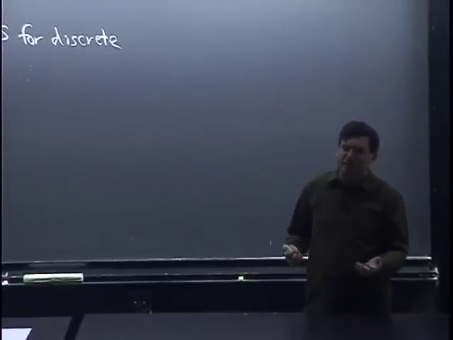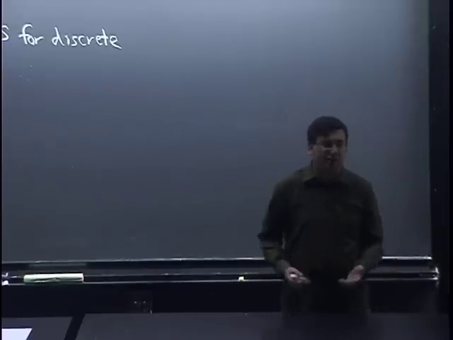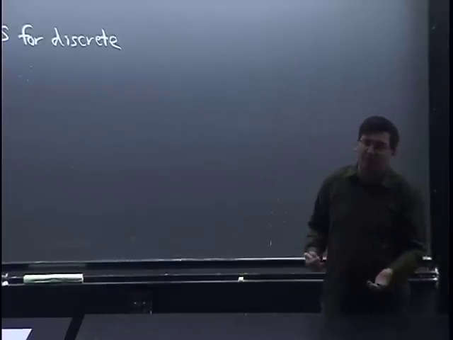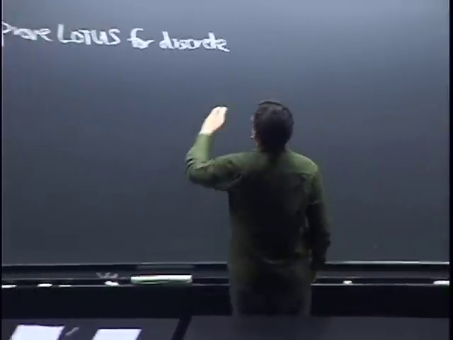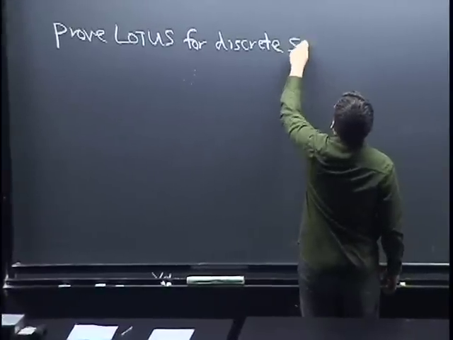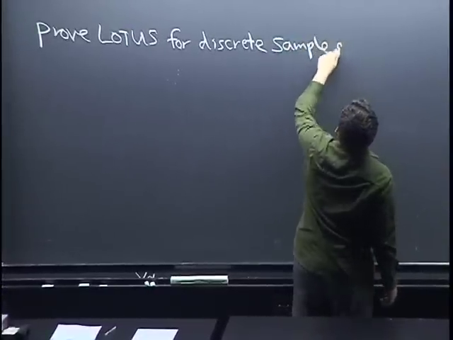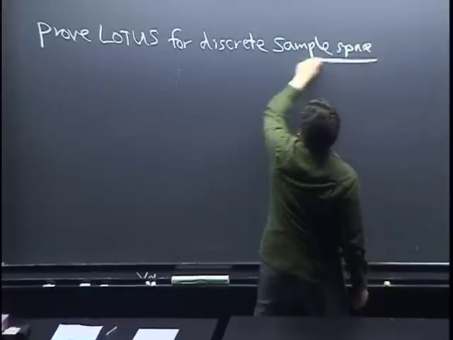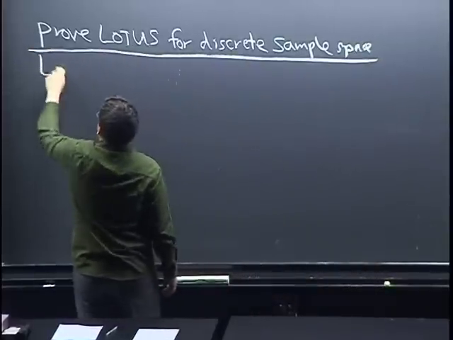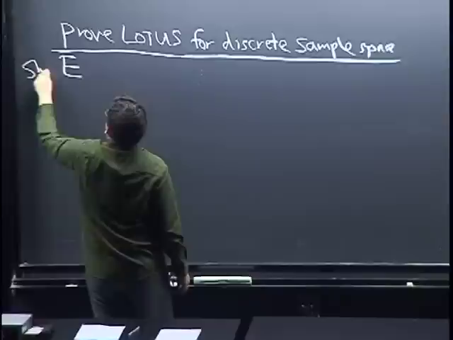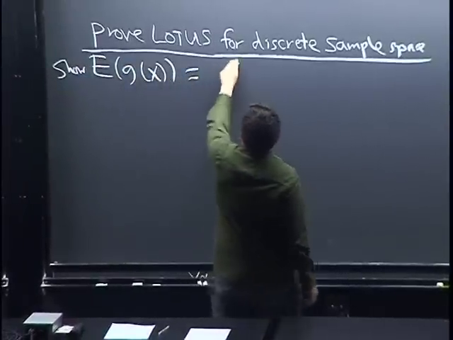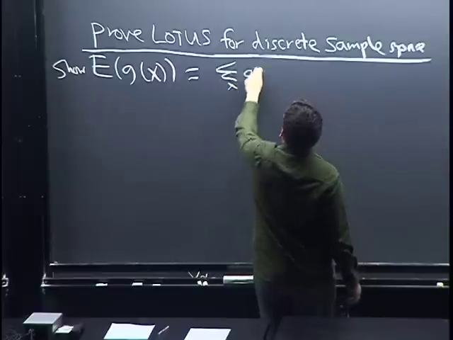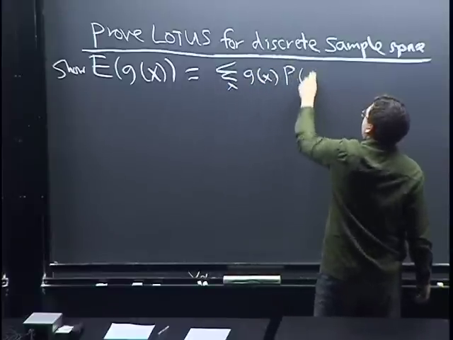It's just that we need to write down some fancier integrals and use more technical math, but the concept is similar. So this is enough to give you the idea. So for a discrete sample space, the statement that we're trying to show is that the expected value of g of X can be written as the sum of g of x times the probability that X equals x.